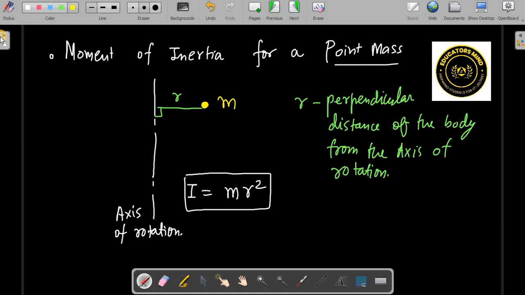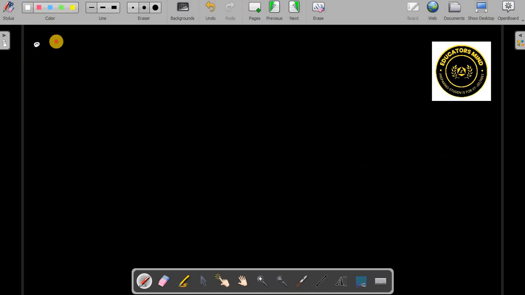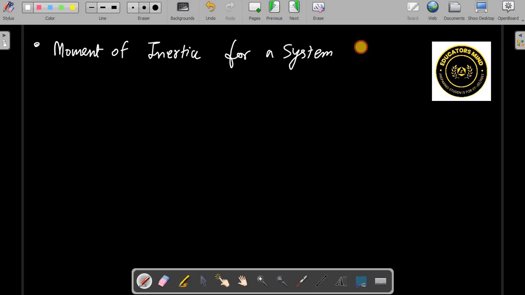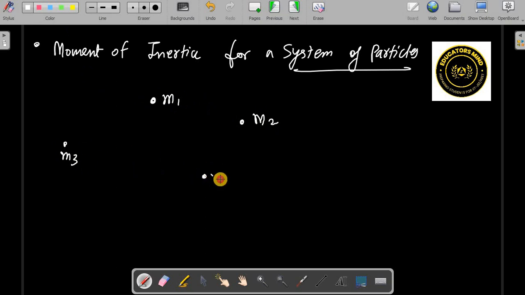Similarly, we can define moment of inertia for a system of point masses, a system of particles. Let us say there are many particles of mass m1, m2, m3, m4 and so on, till mn.